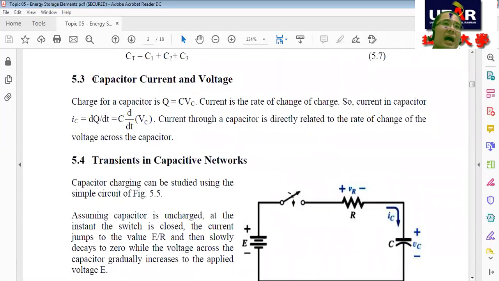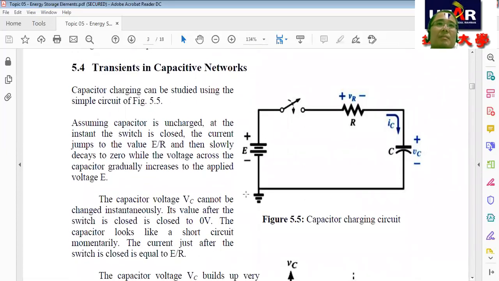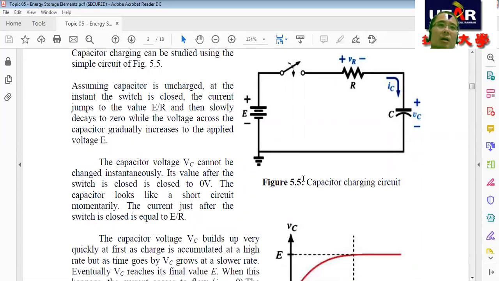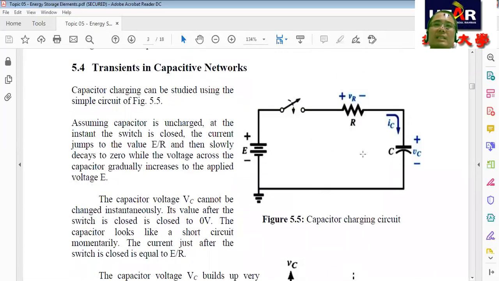Then capacitor current and voltage. In this case, a capacitor charging circuit. Initially, the capacitor is empty, 0.